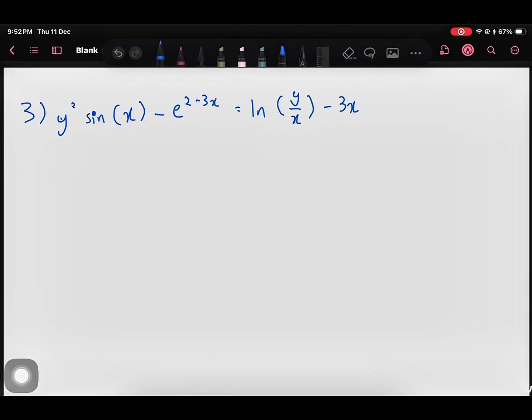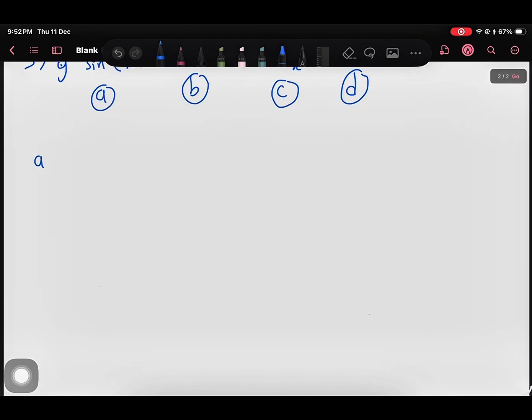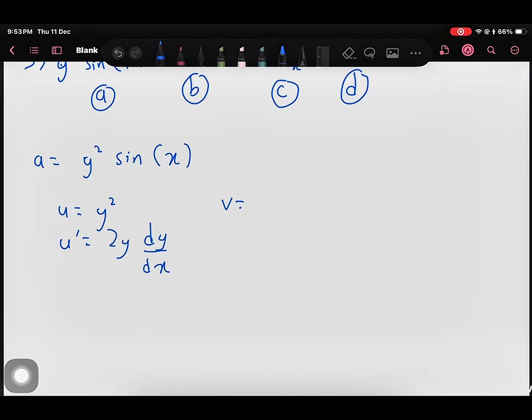Next, for question 3, we will divide it into 4 parts: A, B, C, and D. We begin with A. A equal to y power of 2 sin x, and we will use product rule. U equal to y power of 2, u prime equal to 2y dy dx. Next, v equal to sin x and v prime equal to cos x.